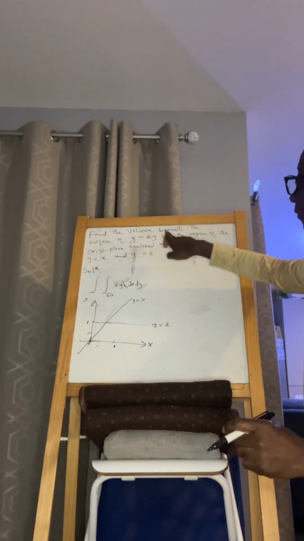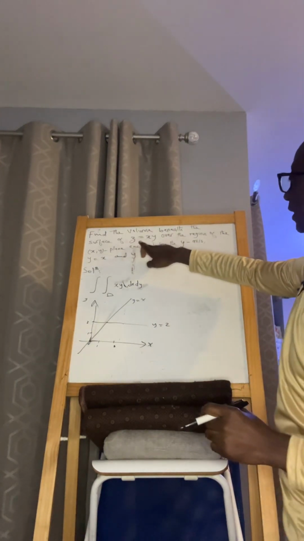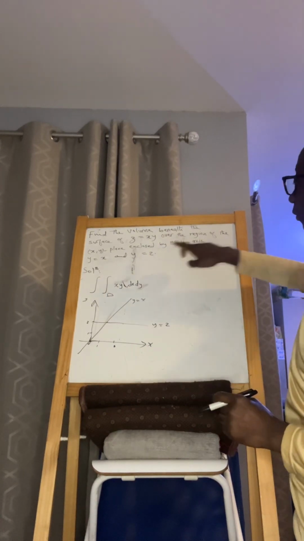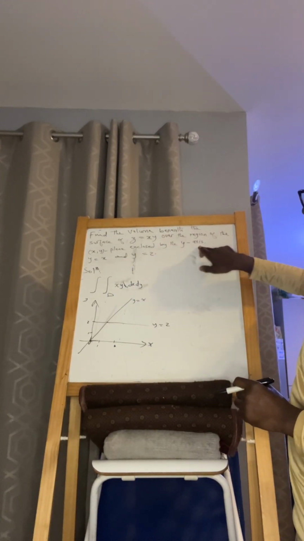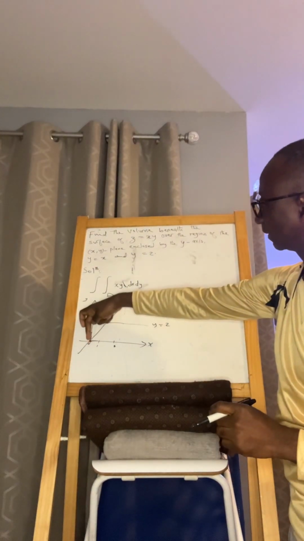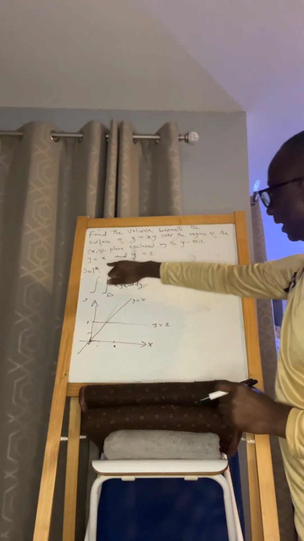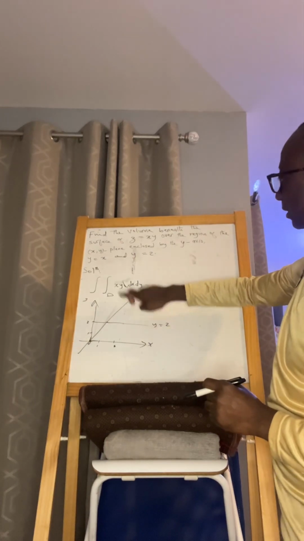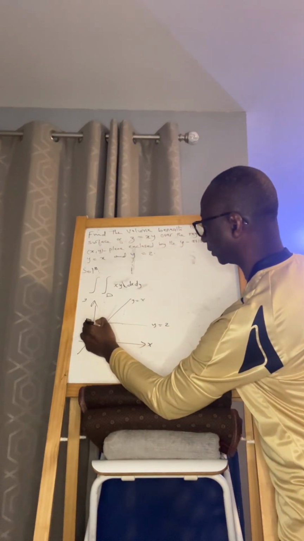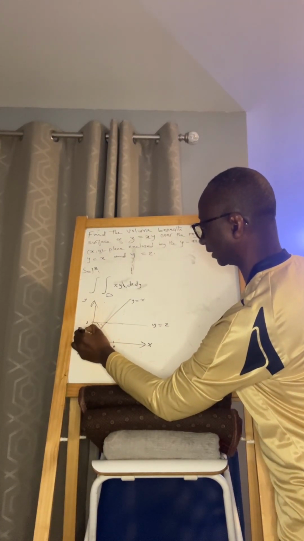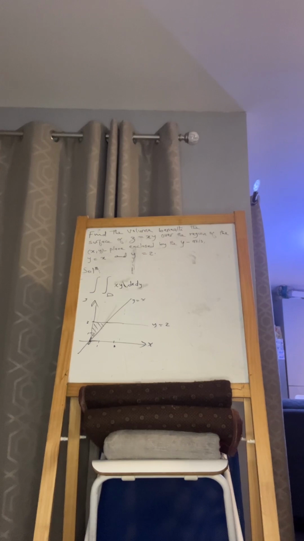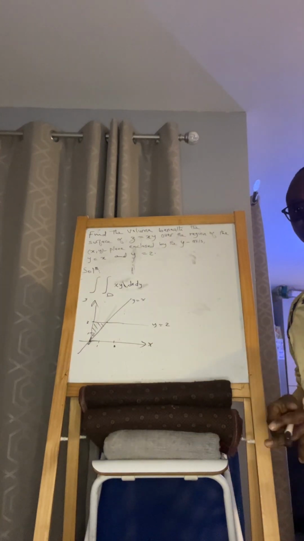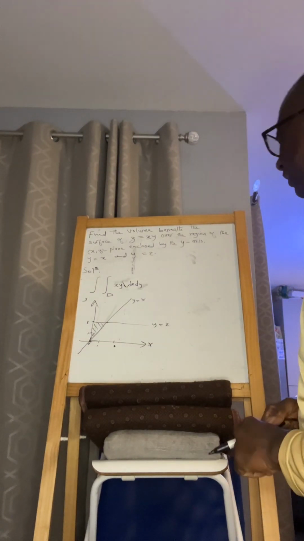So they say find the volume beneath the surface of z equals xy over the region of the xy plane enclosed by the y-axis, y equals x, y equals 2. So this is the region they ask us to calculate. They want us to find the volume of that enclosed region. This region here. That's the volume we're asked to find.